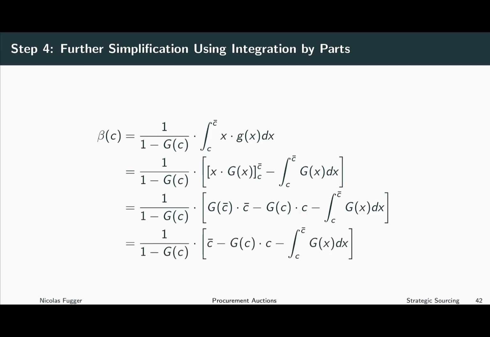Now, to get from here to there, we only exploit that g of c upper bar is 1. That means the probability that my strongest competitor has costs that are smaller than the highest possible costs, that probability is just 1.